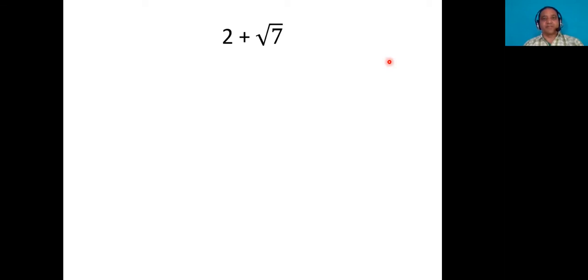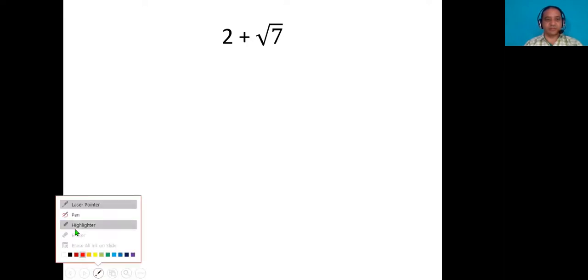For example, here is addition between 2, a rational number, and square root 7, an irrational number. So students, this is altogether an irrational number.